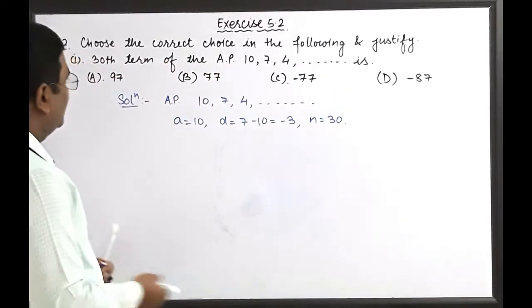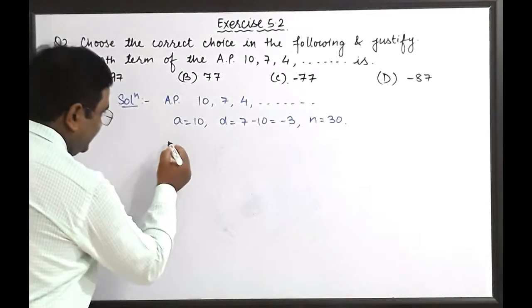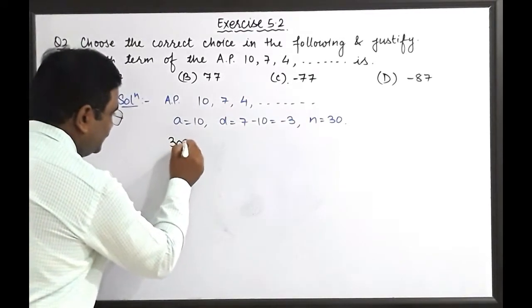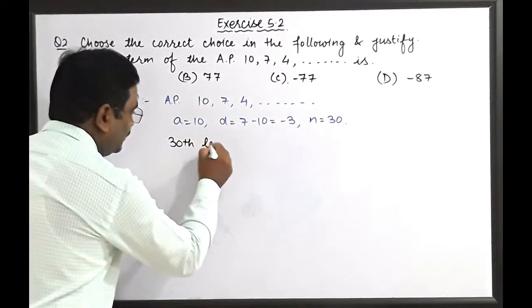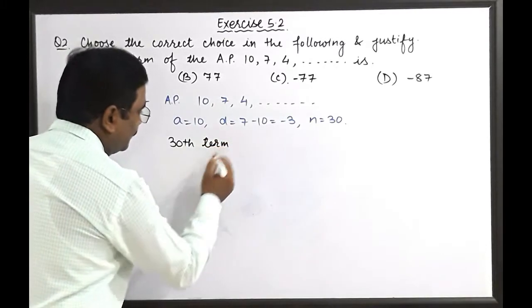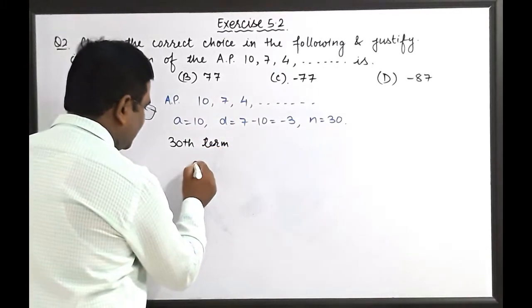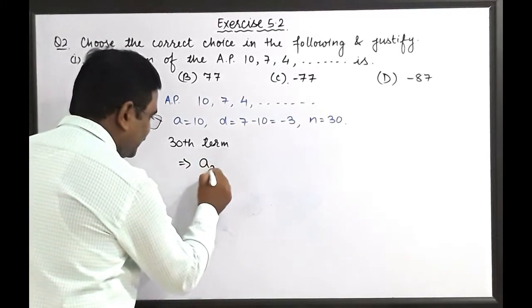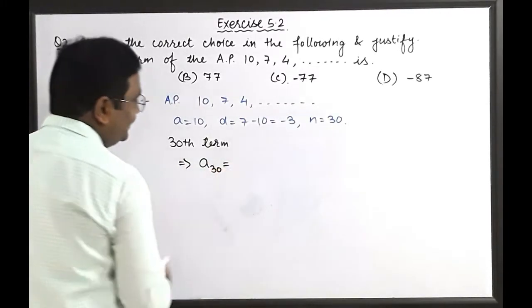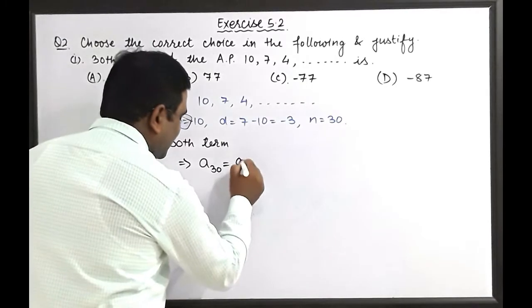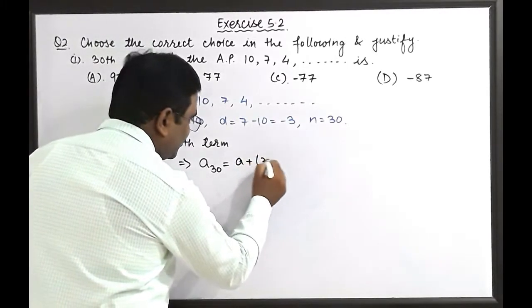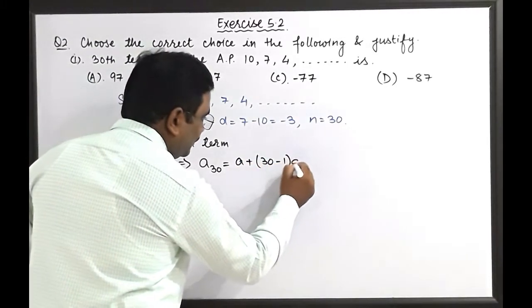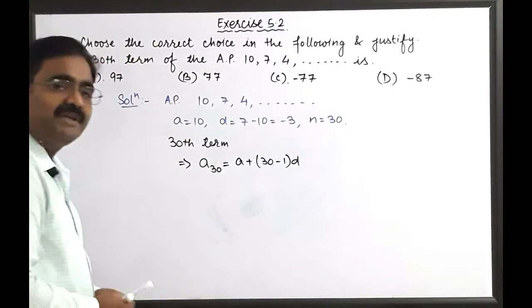As the 30th term is asked, it can be written as a30. a30 means a plus 30 minus 1 into d. Substitute the values, you will get the value of a30.